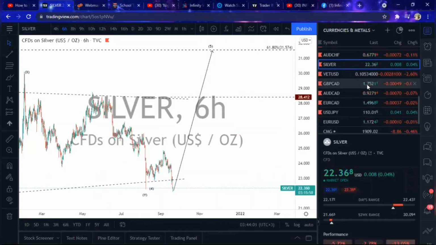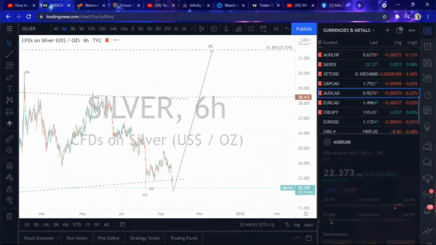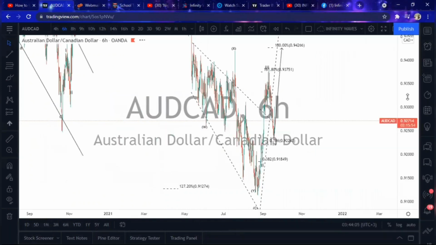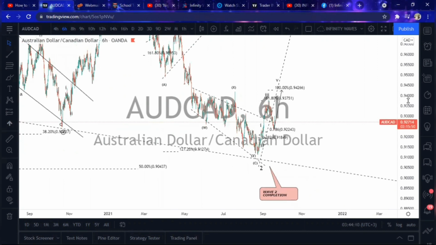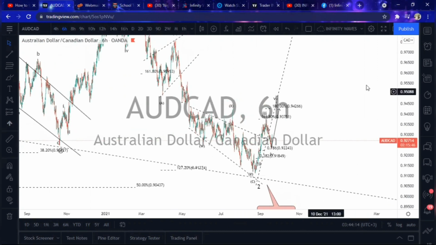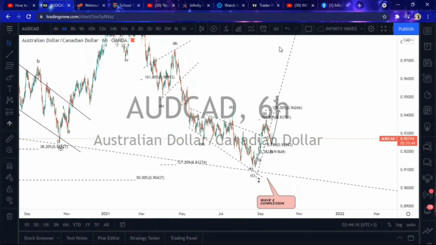The next pair is Australian dollar Canadian dollar. Again, this pair has been moving quite well for the past 3 months. Now, this pair is giving us two scenarios. In case it comes and breaks this low, we look to go down a bit, then up.